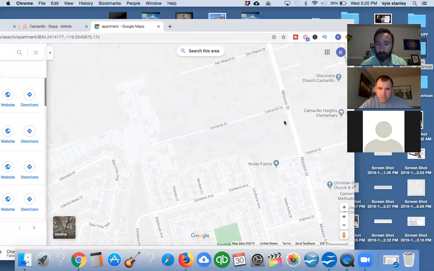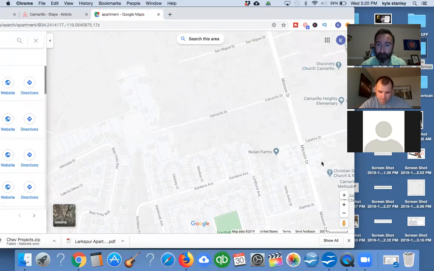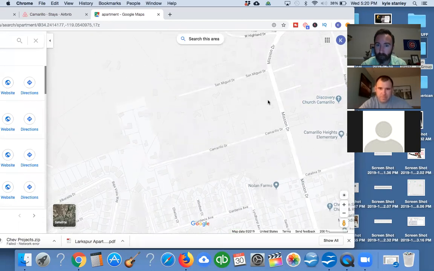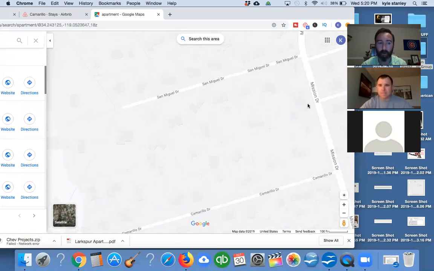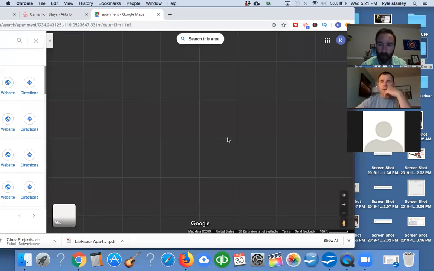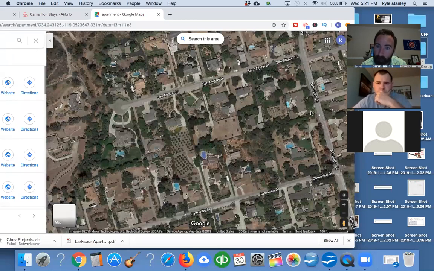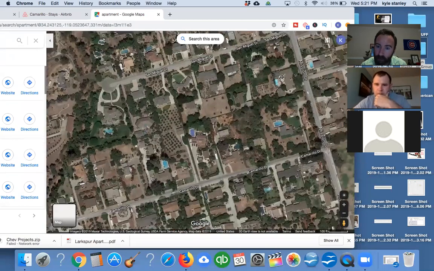Well, I think if you go to satellite on the map, yep. I'm betting it's one of those with the little granny flat, because that's what most of that area has. So, essentially the goal here, and so satellite here, let me see. Well, that was Mission and Camarillo.